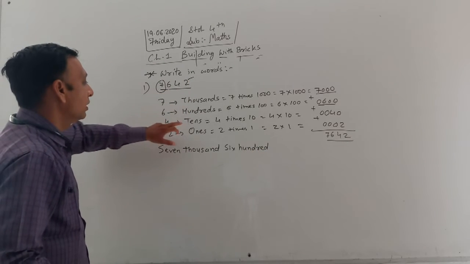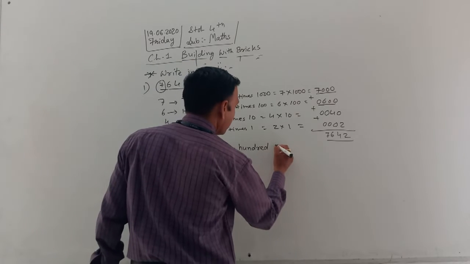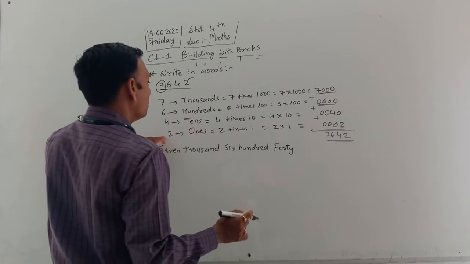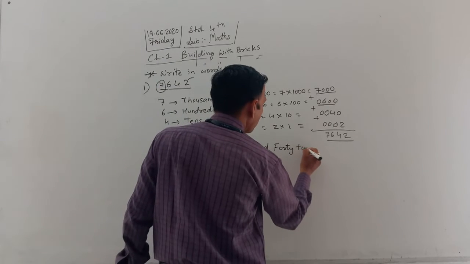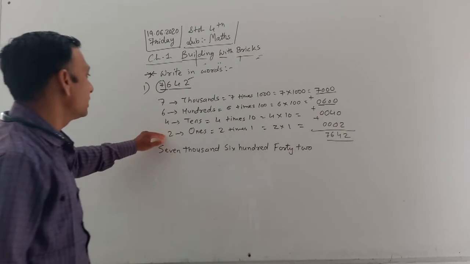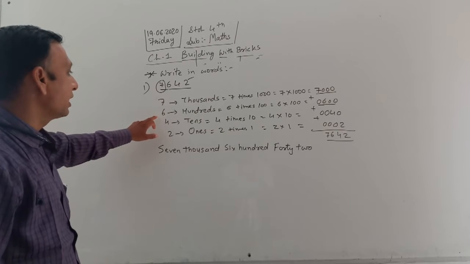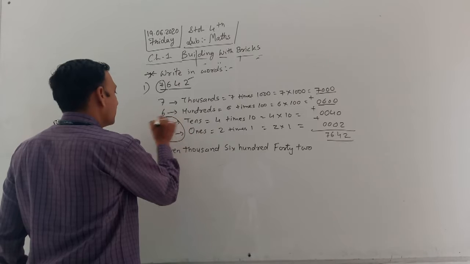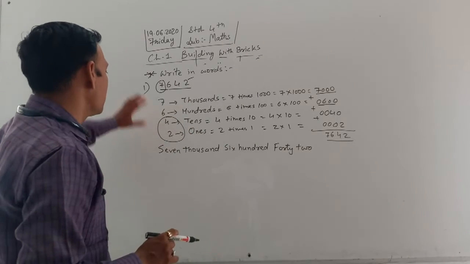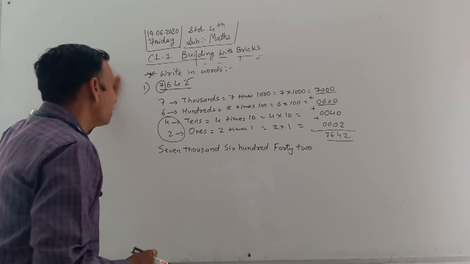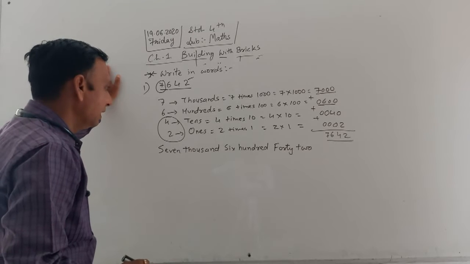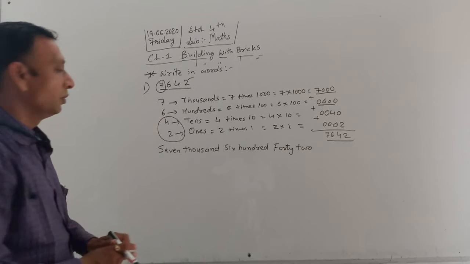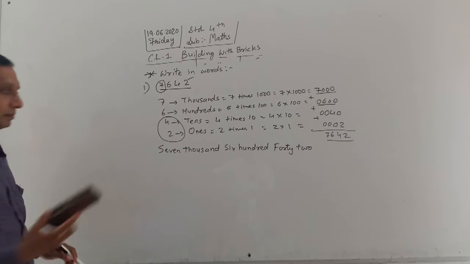And what? 4 tens, that is 40, and 2, so 42. 7,642. Tens and ones place are written and spoken together: 42. Understand? So 7,642.